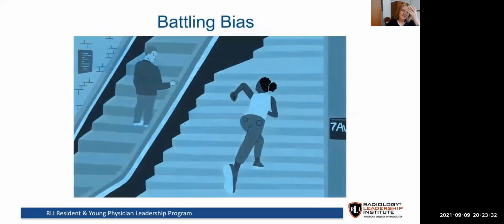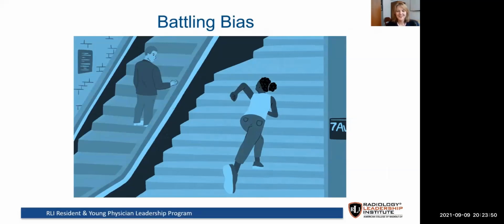And we know that if you are coming into an organization or trying to break into leadership and you don't have that cultural match or demographic match, it is unfortunately much, much harder.